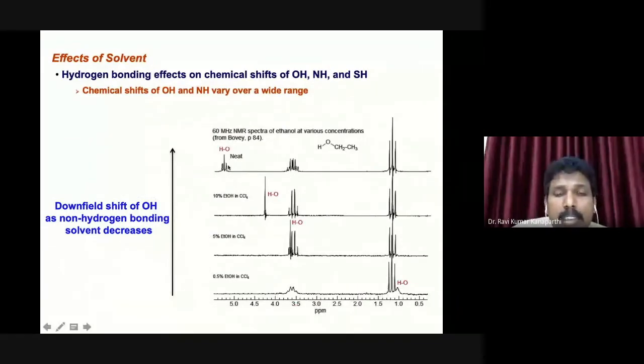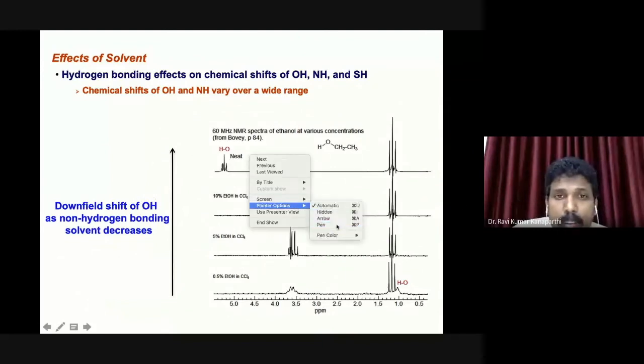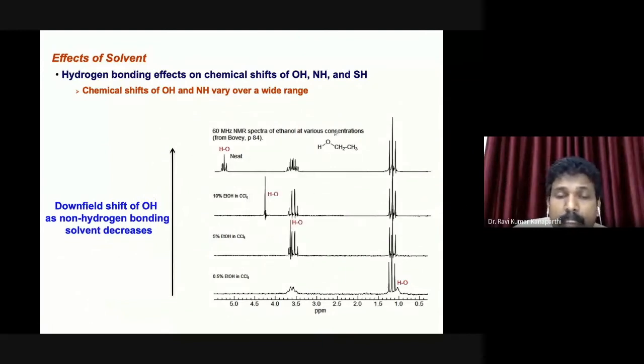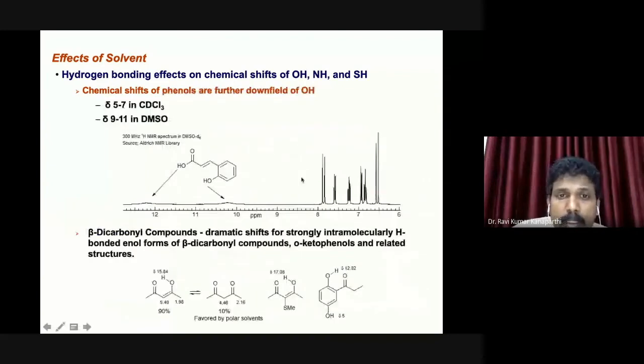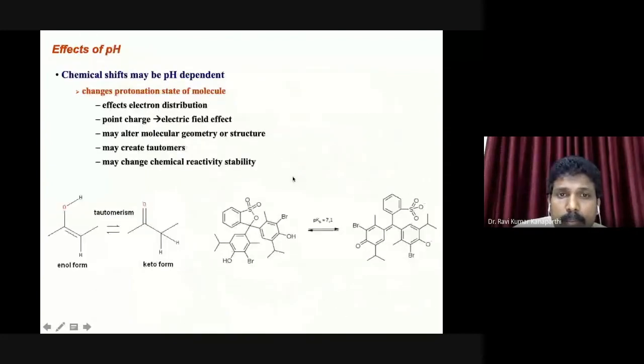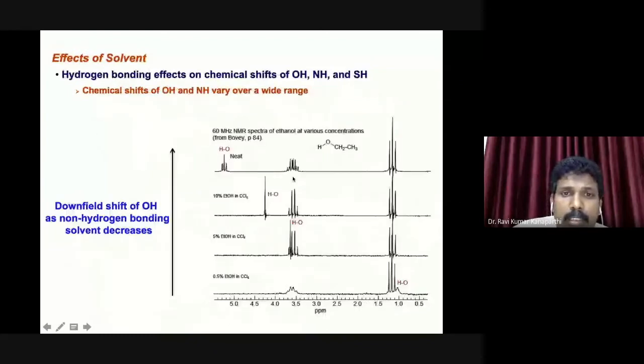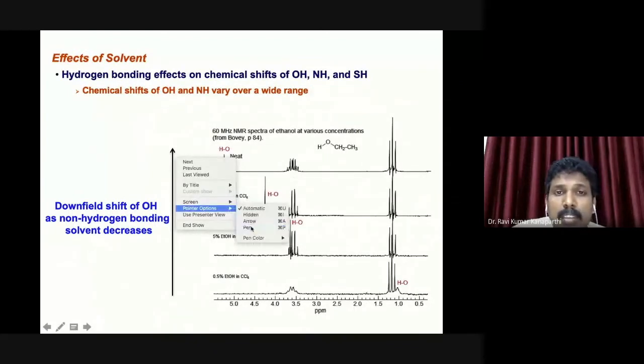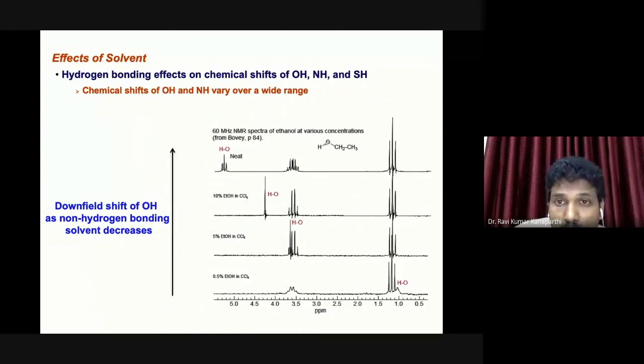As you can see, in the neat NMR spectrum of ethanol, you can find a nice splitting pattern even for the OH. That is very important. Only in the neat is that possible. In the other cases it is not possible.